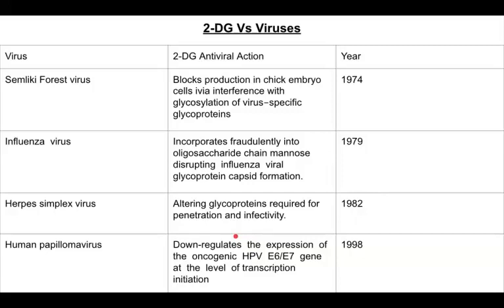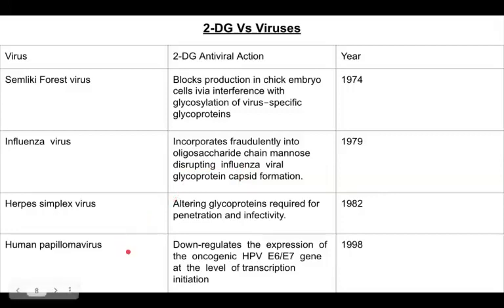So we are establishing the fact that 2DG is effective as an antiviral through various mechanisms. If you carefully look at many of these mechanisms through the ages, a lot of them involve the glycosylation process, or alteration or disruption of glycoproteins, which are essential to viral replication.